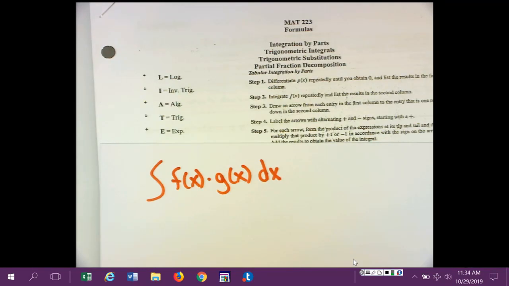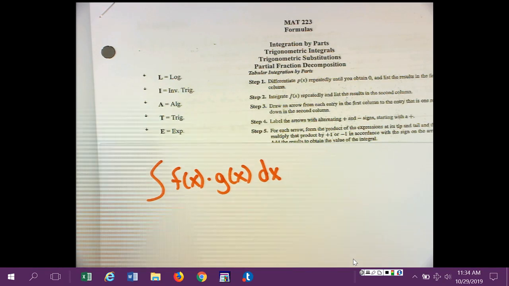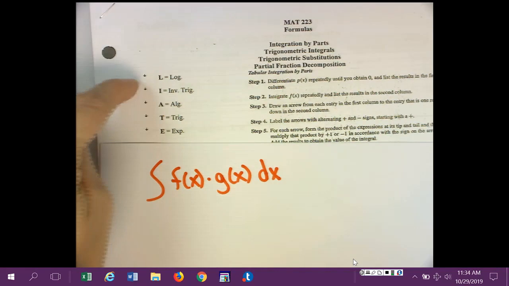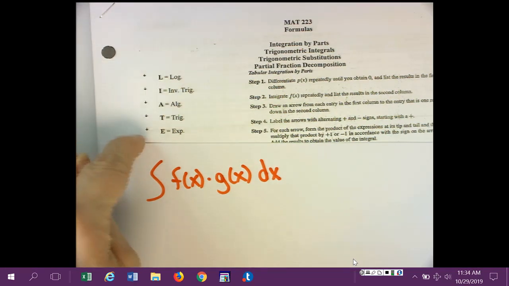And in order to make your decision on which one of the two functions would be u, you follow the acronym from top to bottom, where logarithmic comes first and exponential goes last.